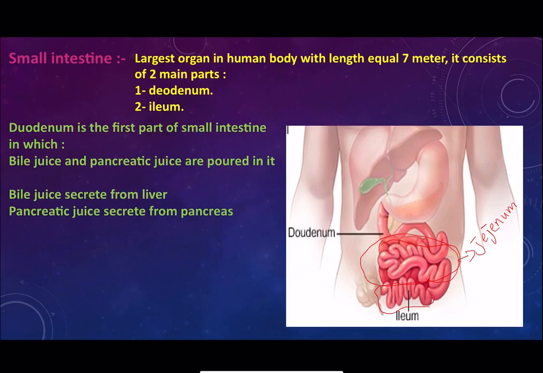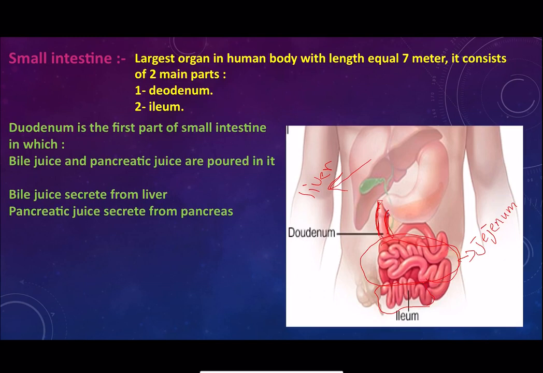Okay? The duodenum is the first part of the small intestine, in which the bile juice and pancreatic juice are poured. The bile juice is excreted from the liver, as you see in this picture, which is near the duodenum, the end of the stomach and the beginning of the small intestine.